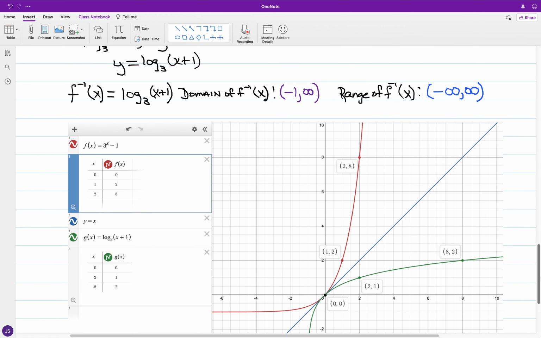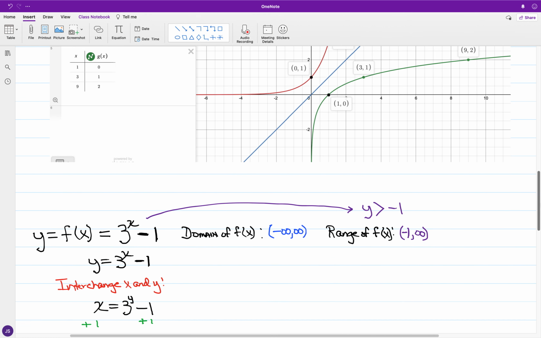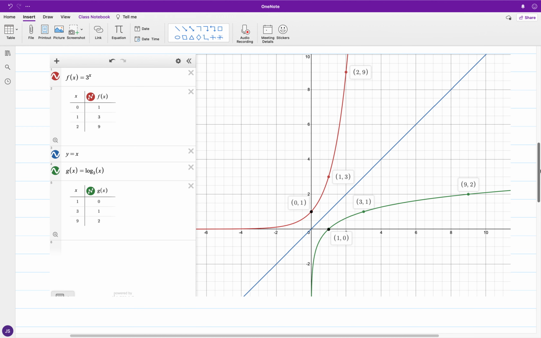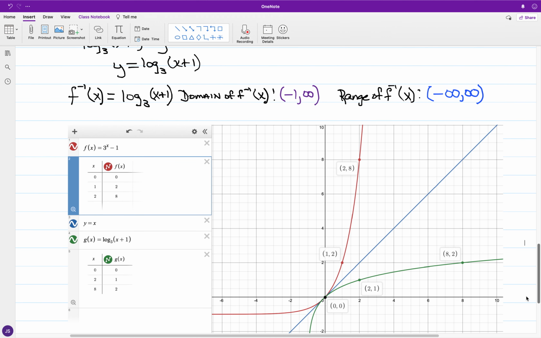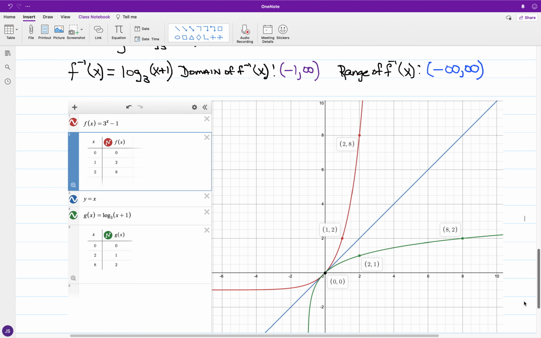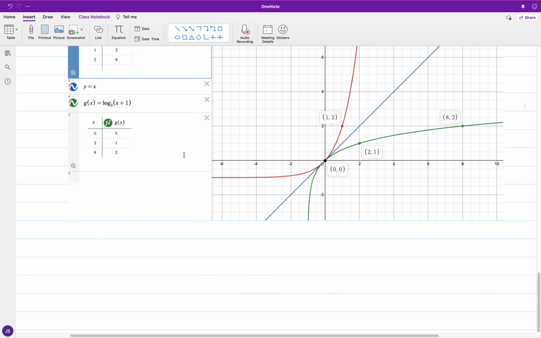If you notice before, without the minus 1 attached to 3 to the x, these curves are apart and a little bit remote from y is equal to x. In this case, with the downward shift of 1 unit, you have contact with the line y is equal to x. So this is a case where you have a vertical shift.